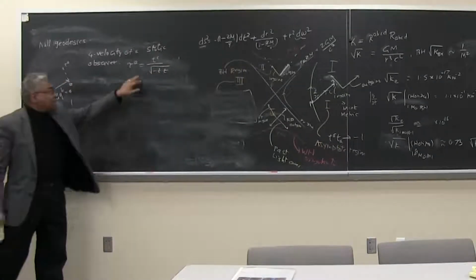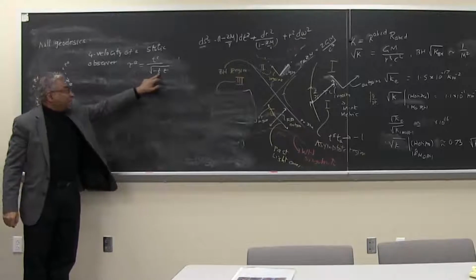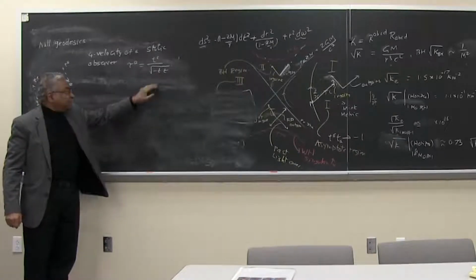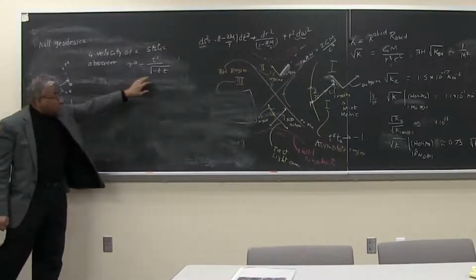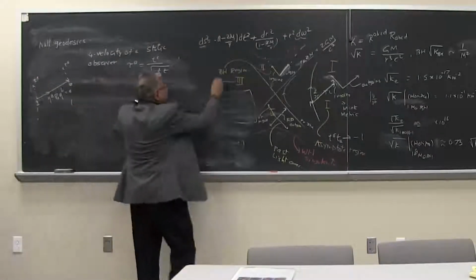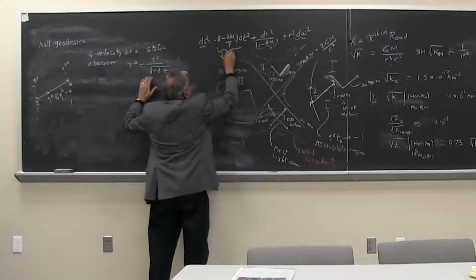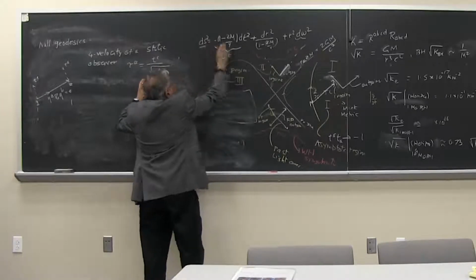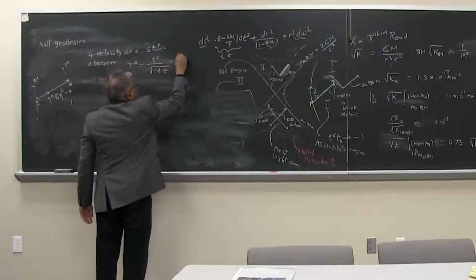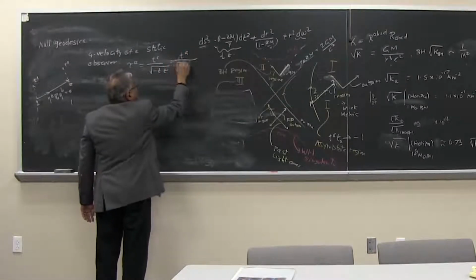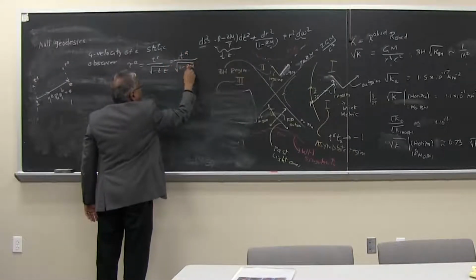Now in Minkowski space, this doesn't matter so much because T·T is equal to -1, therefore this is 1, and I don't care about this factor. But now it matters because we just saw that T·T is exactly equal to -(1 - 2/r). So this is just going to be equal to T^A divided by the square root of 1 - 2/r.